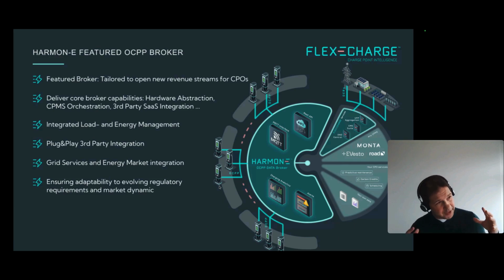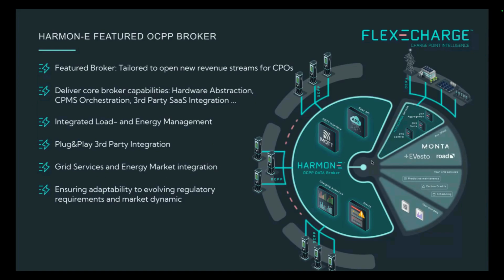So in principle, we can connect any charging station which is OCPP compatible and which supports OCPP smart charging profiles, connect that through our broker to a CPMS, and then, as you can see on the right hand side, extract information from the OCPP data stream and react on it by providing load or energy management, so controlling the charge currents of chargers via OCPP.